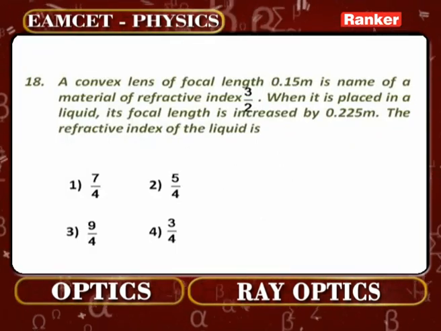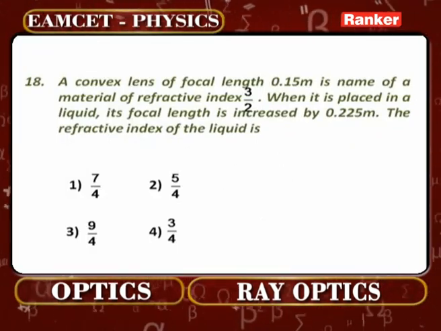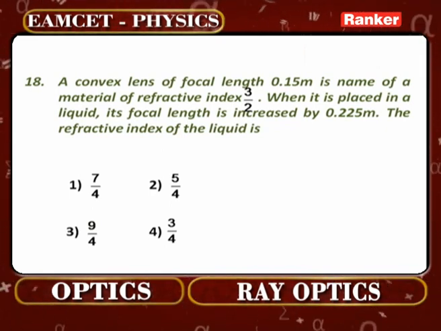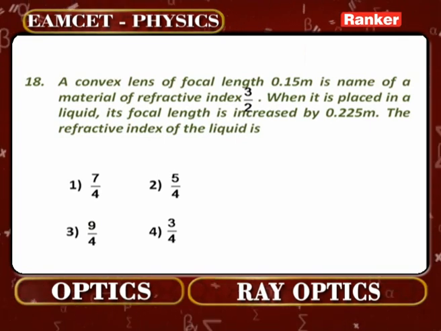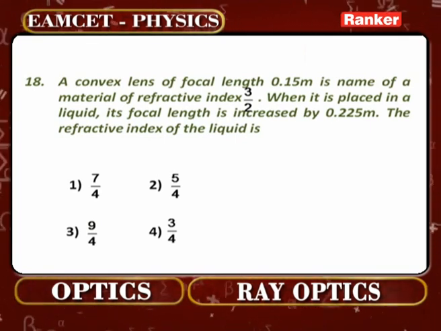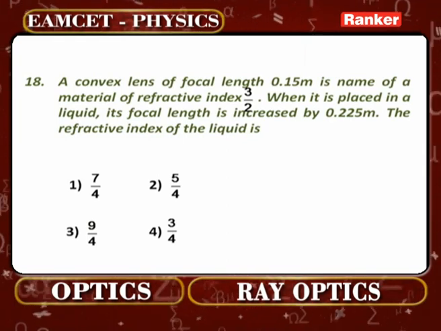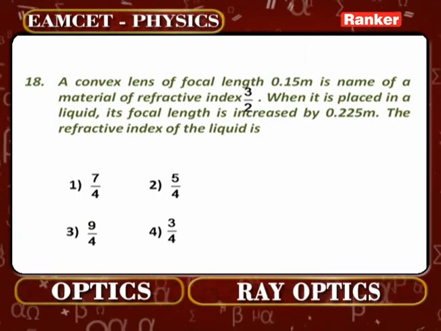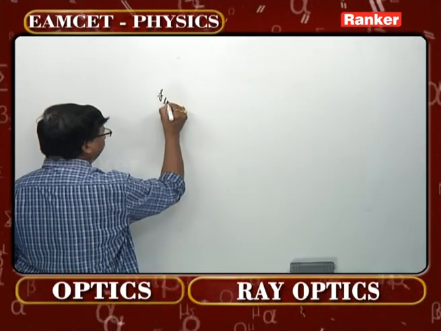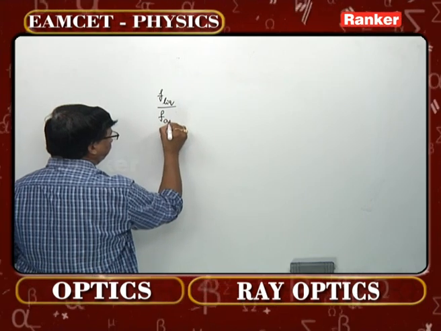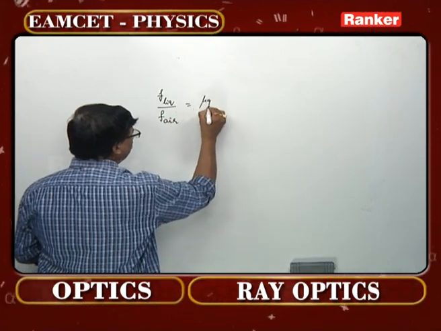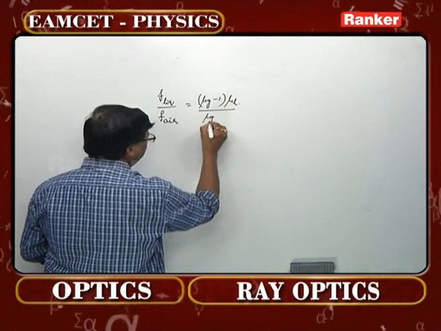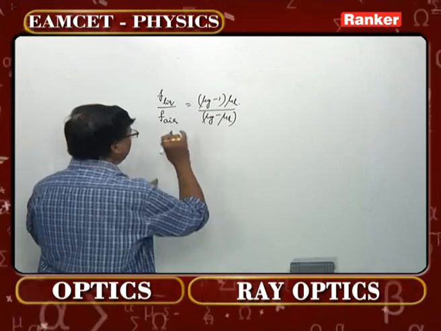A convex lens of focal length 0.15 meter is of a material of refractive index 3 by 2. When it is placed in a liquid, its focal length is increased by 0.225 meter. The refractive index of the liquid is how much? That is the concept. Already I have mentioned the direct formula for that. Focal length in liquid by focal length in air is equal to (mu glass minus 1) into mu liquid by (mu glass minus mu liquid). This is the formula.